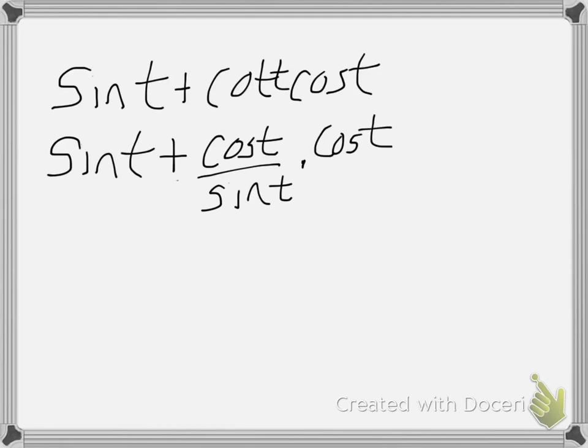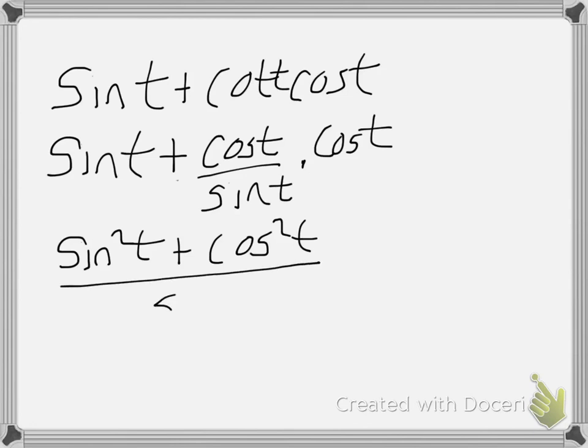So what does that do for me? Well, nothing so far, but I can get a common denominator, right? I need to multiply the left-hand side, the sine, by sine over sine. So I get sine squared of t plus cosine times cosine is cosine squared of t, all over sine of t, right?